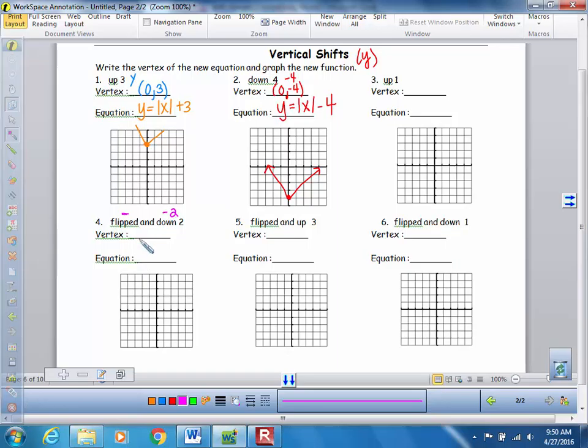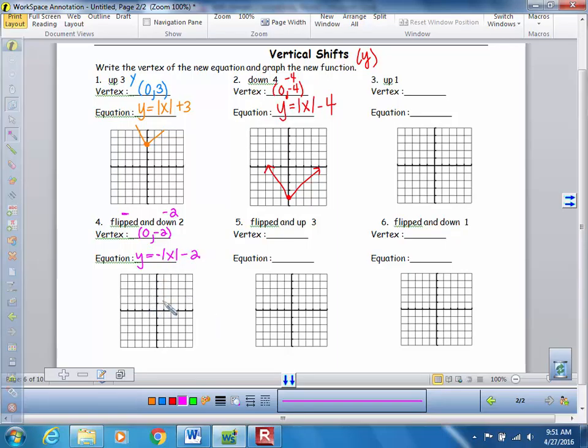Okay, so my vertex, this is still y, so it's going to be 0, comma, negative 2. Then when I write my equation, I'm going to get y equals, and in front of that absolute value, since it's flipped, we want to do negative, and then an absolute value of x minus 2.